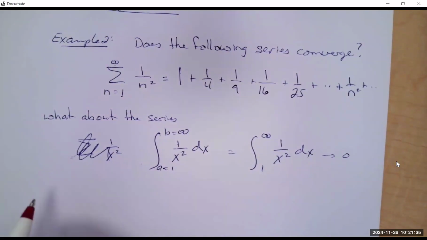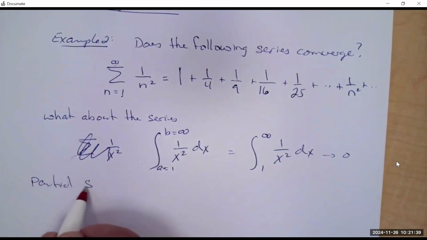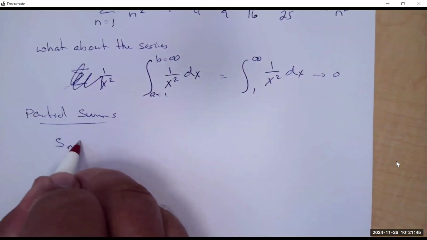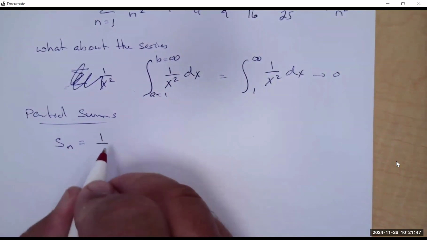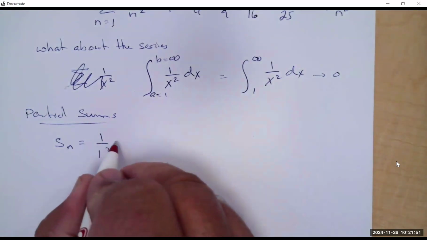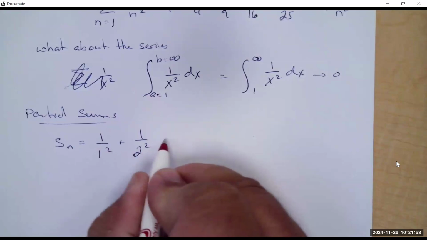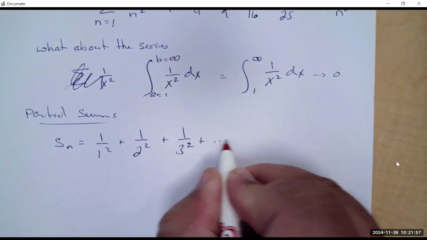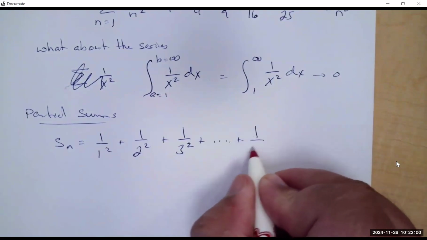So let's look at the numbers. Let's look at the partial sums. The partial sums are made up of 1/1 squared, 1/2 squared, 1/3 squared, and so on and so forth to 1/n squared.